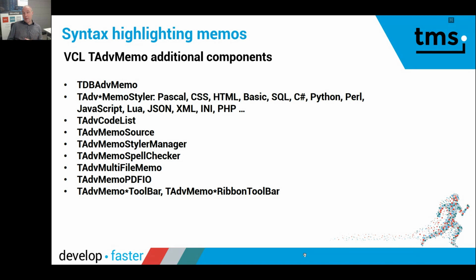And this way, keep your memory footprint really low, because there is only one memo control in your application, and the code that you show in that memo is kept in the memo source. And so the memory requirements are just the minimal memory requirements that are needed for storing the text in these memo source components. And then there's one memo control that is shared to edit, view all these different sources.